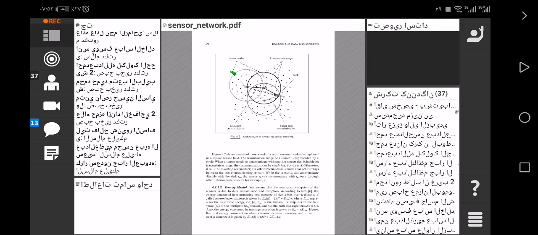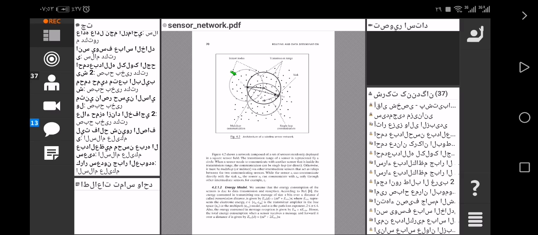The first hop is SK to SJ, and the second hop is SJ to SM. If the next node is not inside the transmission range, we should send the data using more than one hop. This is single-hop communication and multi-hop communication.